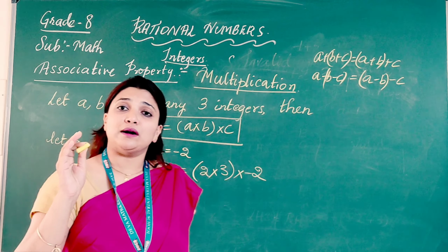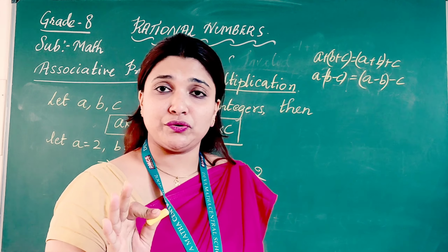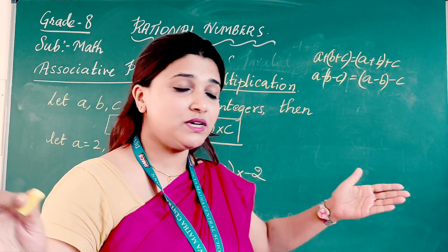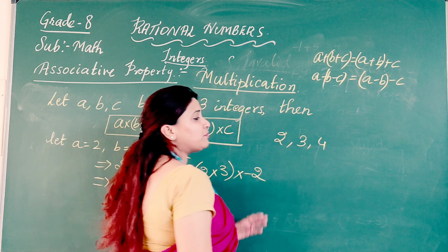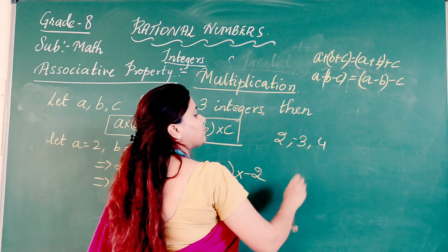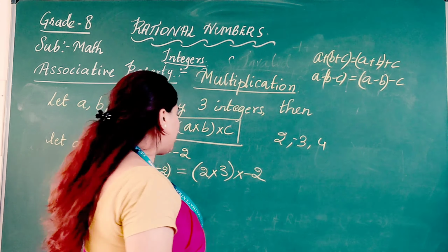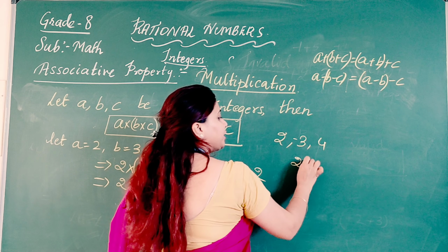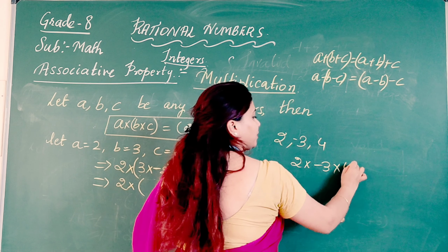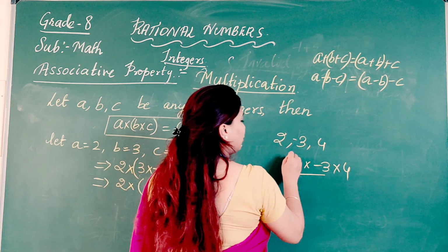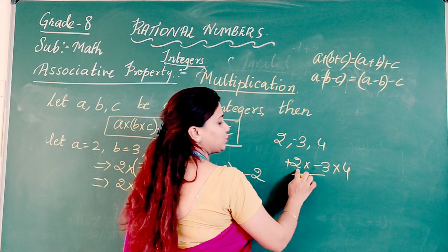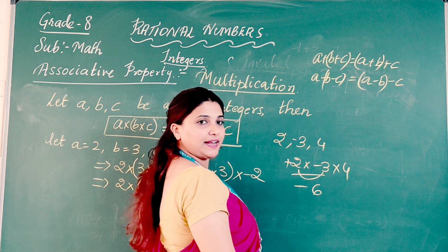Whenever a huge set of numbers is given to you, like suppose 2, 3, 4, I have to multiply them, okay? And suppose I have minus 3 here. So what I will do is 2 into minus 3 into plus 4, correct? First I solve these two numbers. Now, plus into minus is minus. 2 threes are 6, correct?